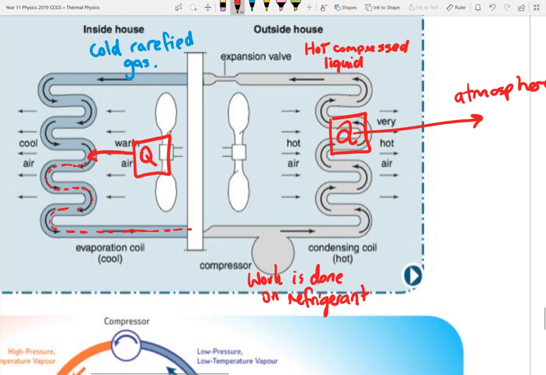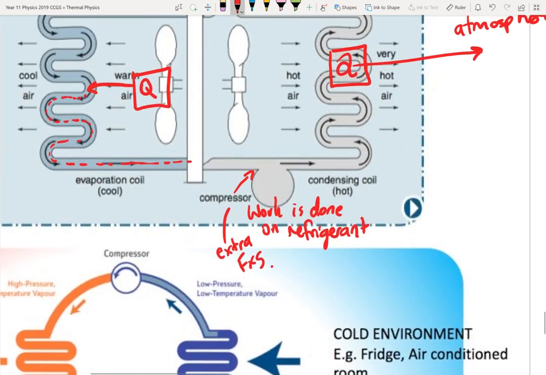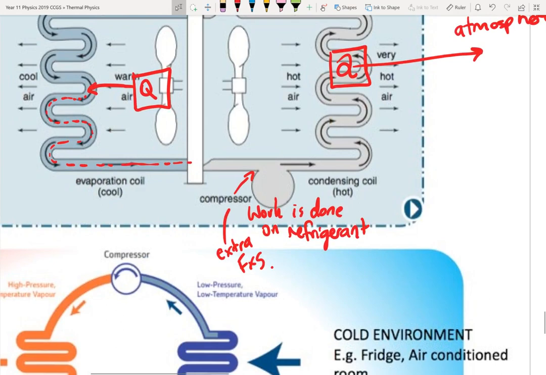And there are laws of thermodynamics that says you cannot just get free energy. Okay? This is not a 100% efficient process because we have to put in some extra work. We've got to put in a little bit of extra work there. Okay?